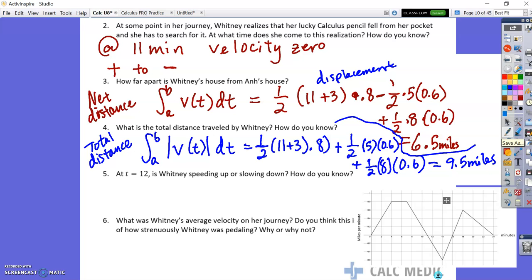Okay, at time 12, is she speeding up or slowing down? So at time 12 right here, is she speeding up or slowing down? And how do we know? To tell, we have to compare velocity to acceleration. Her velocity at time 12 is negative 0.2, and I'm just reading that off the graph.